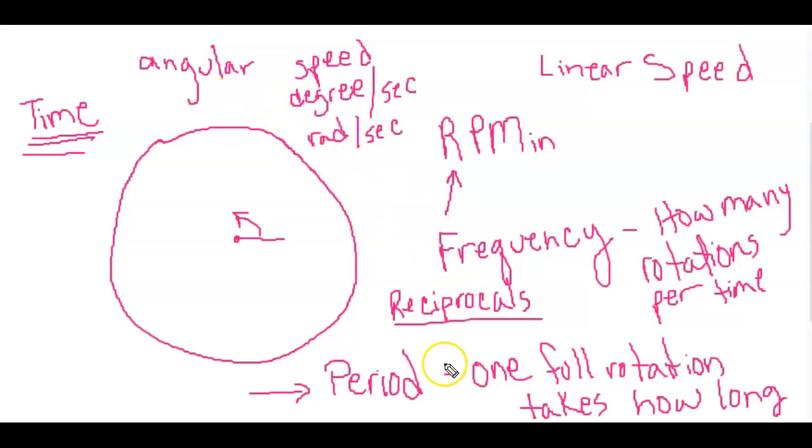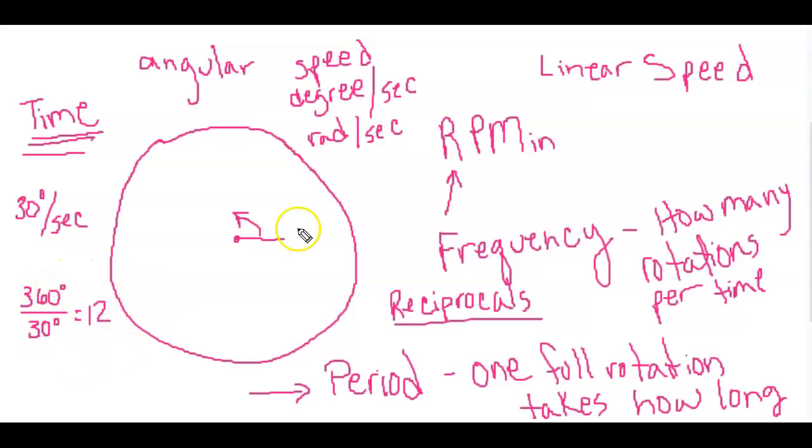And so angular speed, period, frequency, they're all related. If I know that I'm going 30 degrees per second, how long is it actually going to take me to get around the circle? Well, I know a circle is 360 degrees, and if I'm going 30 degrees per second, I could divide by 30, and that is equal to 12.